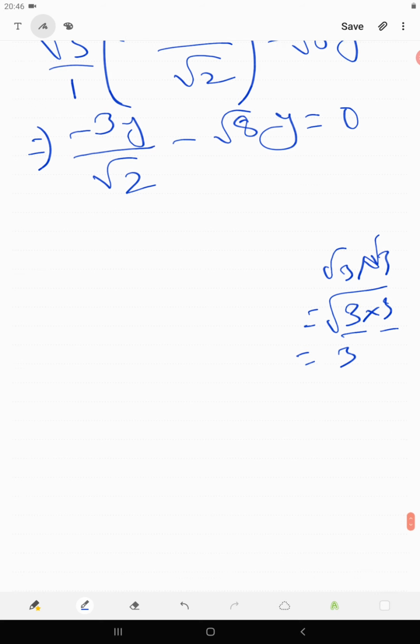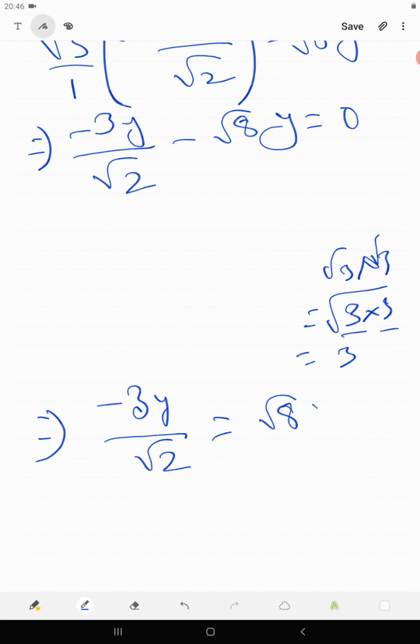Okay. So this simplifies minus of 3y divided by root 2 equals to root under of 8y. Or we can take common also. Instead of taking another side, we should take common. My mistake.